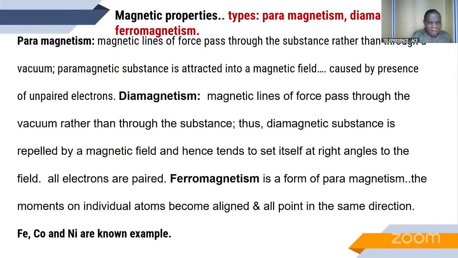So a paramagnetic substance is attracted into a magnetic field, and this is majorly caused by the presence of unpaired electrons. When you have singly occupied orbitals, it means that the substance is paramagnetic.